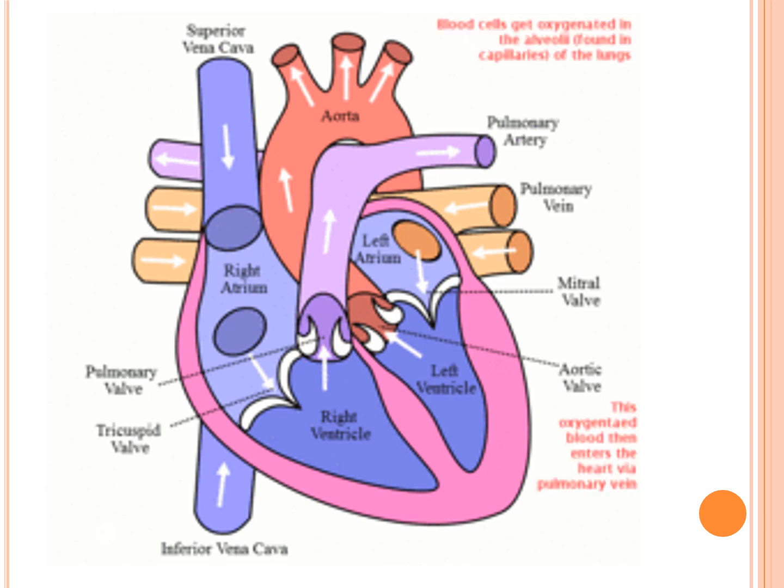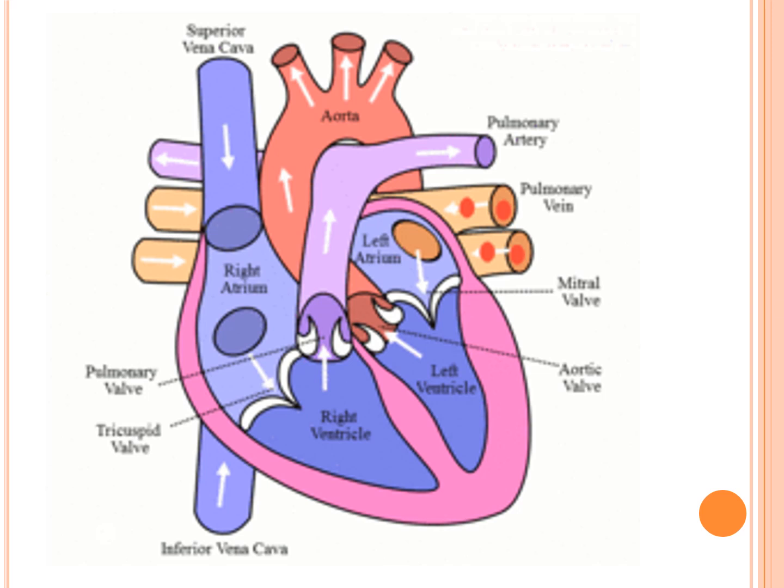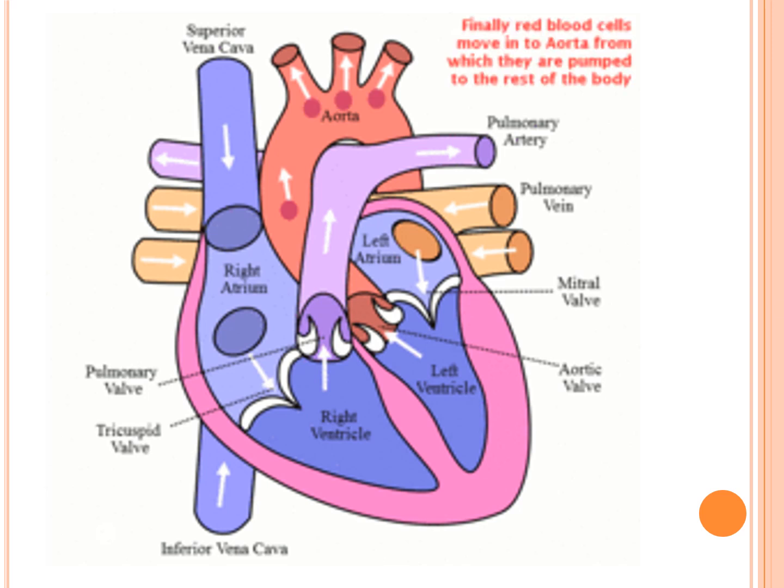From there, the oxygenated blood is brought by the pulmonary vein towards the left atrium. From the left atrium, it enters into the left ventricle. From the left ventricle, it passes through the aorta and it's supplied to different parts of the body. This circulation is very important for you all to learn.